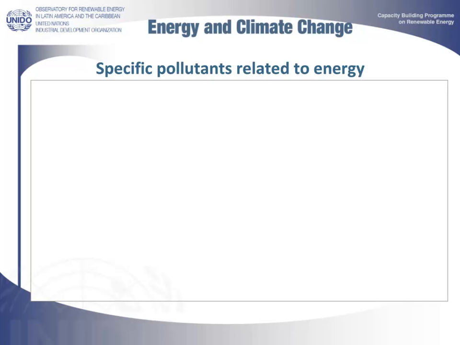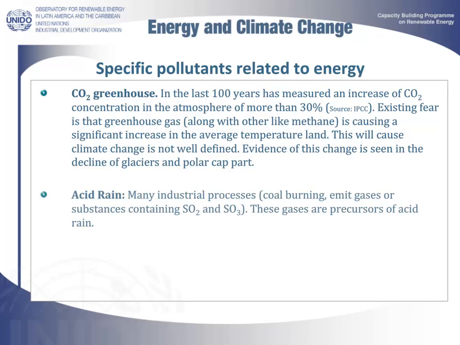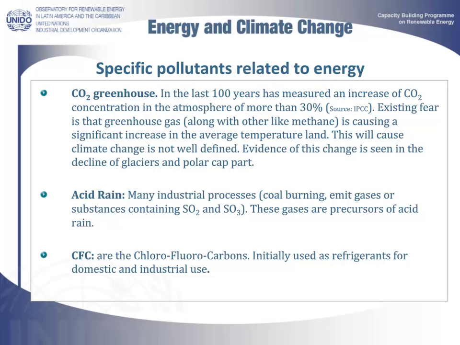Regarding the energy sector, there are a number of contaminants that are considered to be of importance, such as CO2. This is the main greenhouse gas. Over the past 100 years, an increase in the concentration of CO2 in the atmosphere of slightly more than 30% has been recorded.